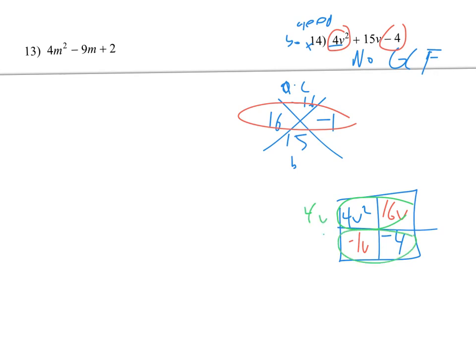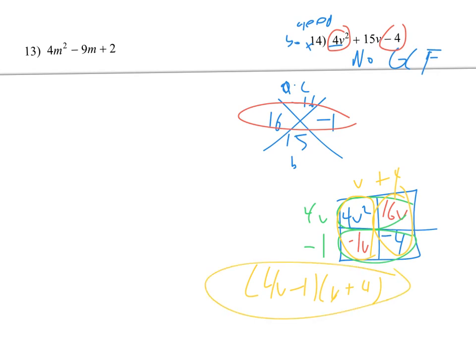It looks like there's no GCF here, but really that's a 1. And then since the closest box is negative, you make that negative. And now GCFs going that way is just v, and then here is plus 4. So you get 4v minus 1, and then v plus 4. If you use the other grouping technique, that should work. I'll do that on the next problem, but you should get the same answer.